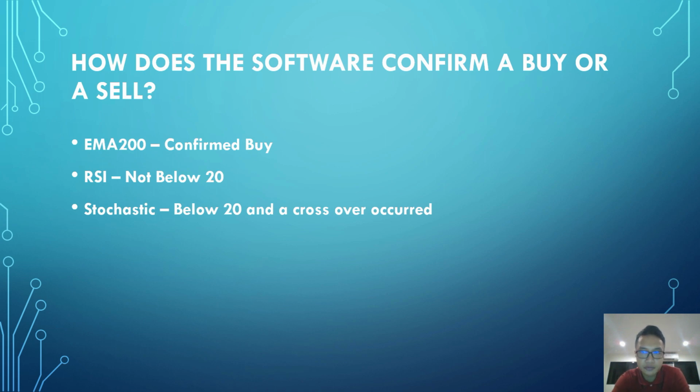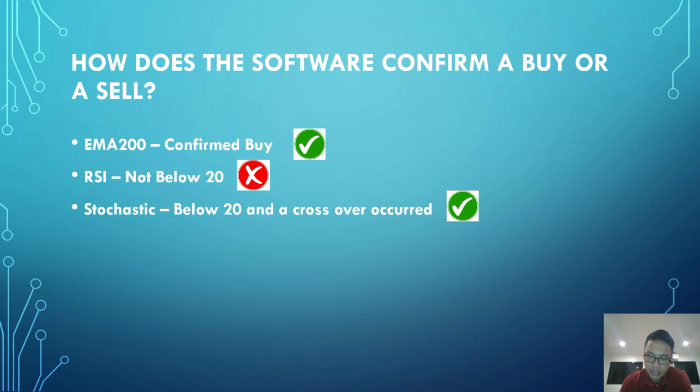So how does the software confirm a buy or a sell? For this example, let's say for EMA 200, the price is above the EMA 200, so it is a confirmed buy, check. And we have the RSI, it's not below 20, so it's not a confirmed buy, so it's an X. When the stochastic is below 20 and a crossover occurred, it's a check.